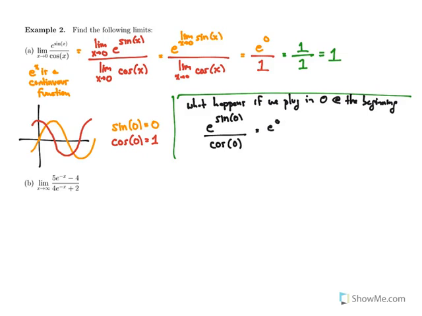We get e to the 0 over 1, which is just equal to 1. And this is going to be our answer, and this is because e to the sine of x over cosine of x is a continuous function.